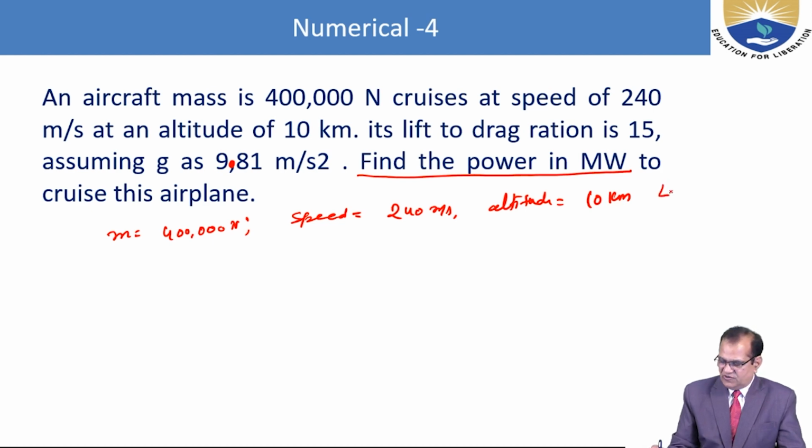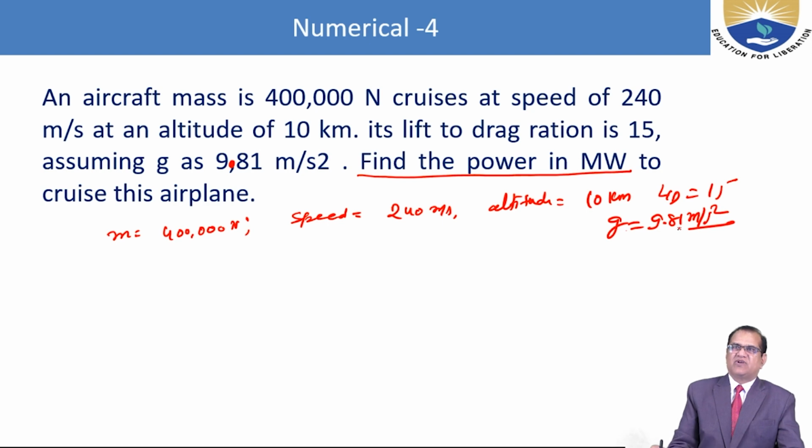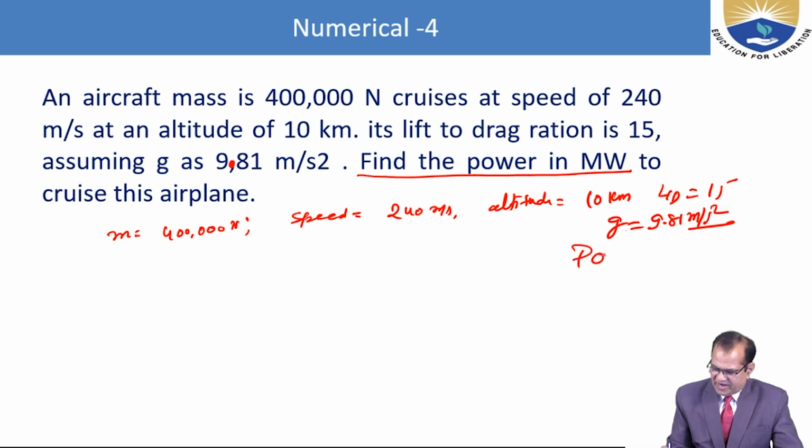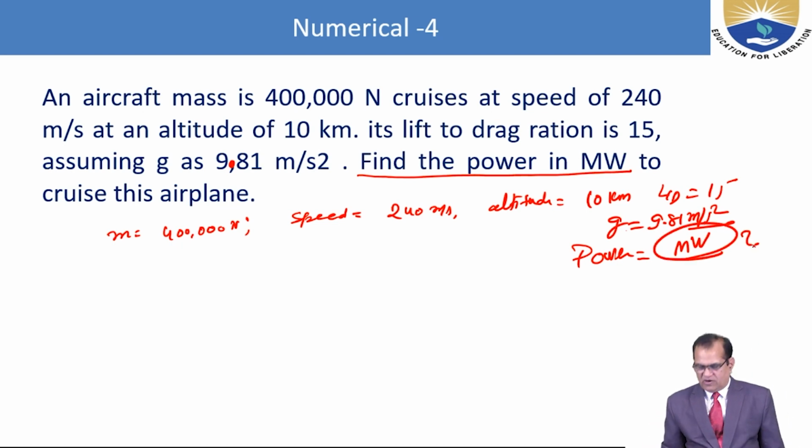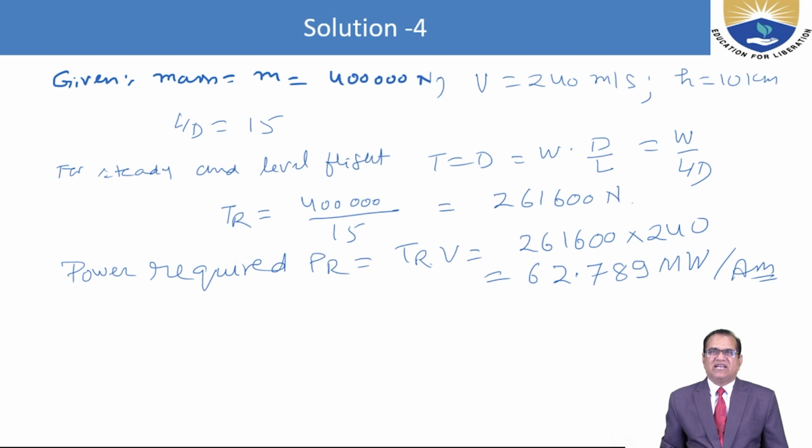Lift to drag ratio L by D is equal to 15. g is equal to 9.81 meters per second squared. So we have to find the power in megawatt. This is our story, and how to find it we will see in the next slide.